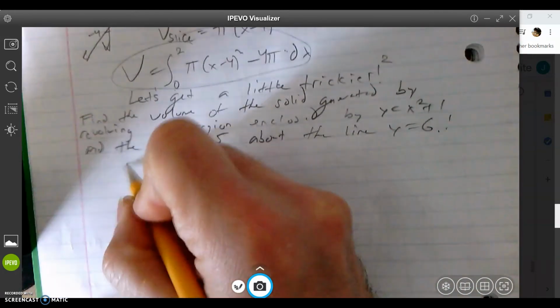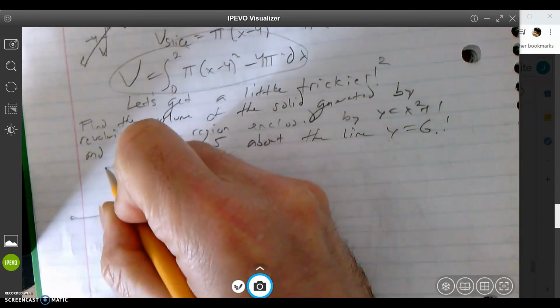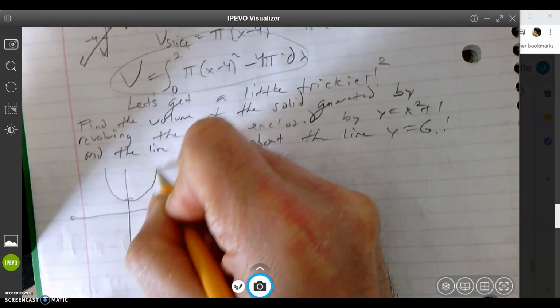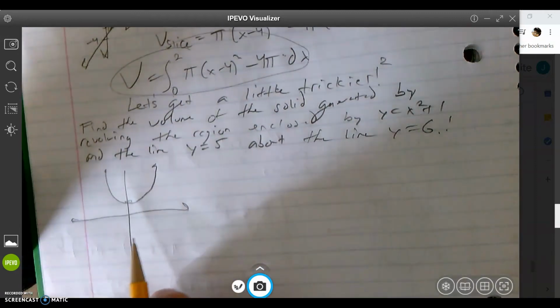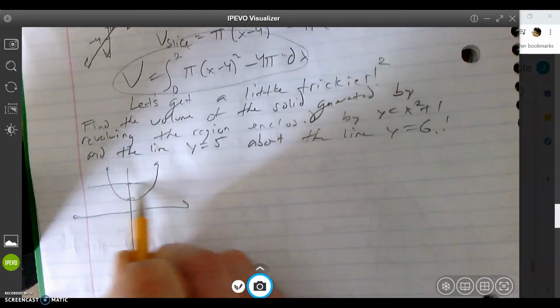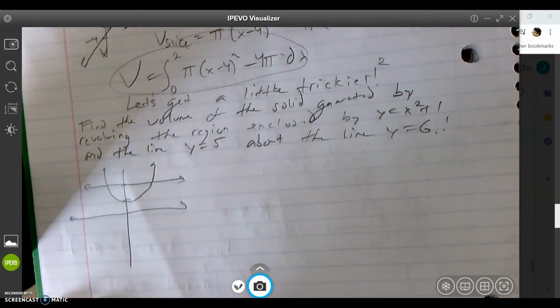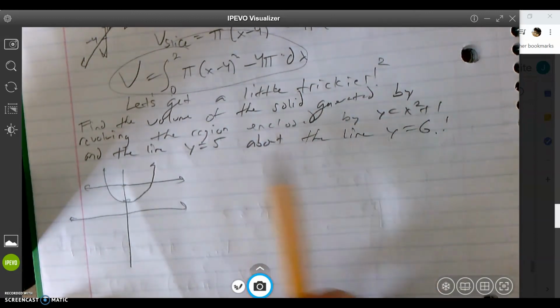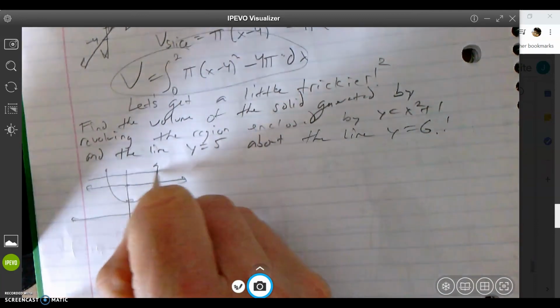All right, picture first. y equals x squared plus 1 looks like this. And y equals 5 looks something like this, let's say. And we're revolving this region around the line y equals 6.